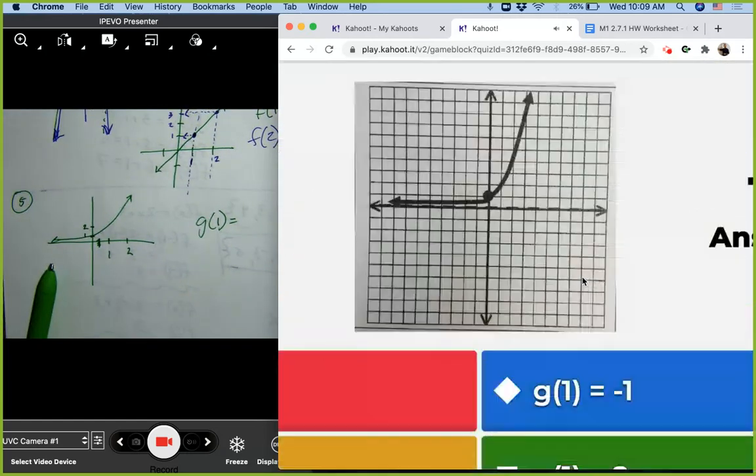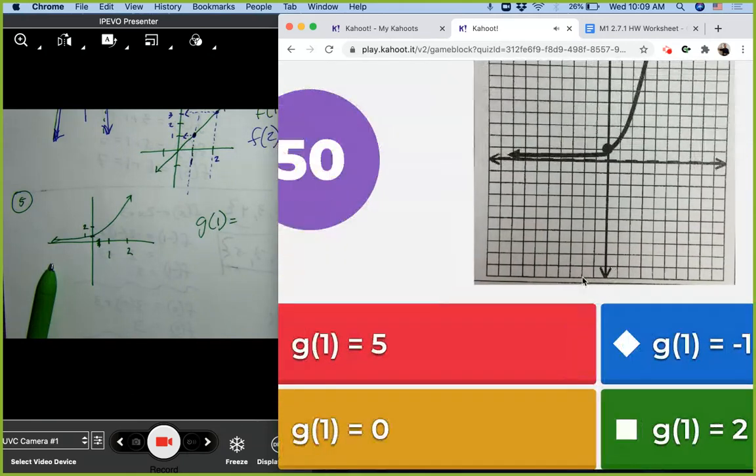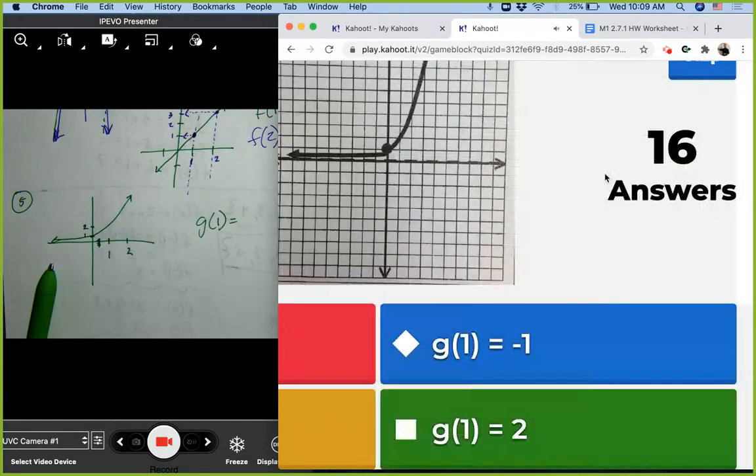All right, go ahead and take a guess here. All right, so g of 1 is looking to see what's happening when x is 1. Where is the function right here where my cursor is? It's up there. What's the y value that corresponds? Right there.